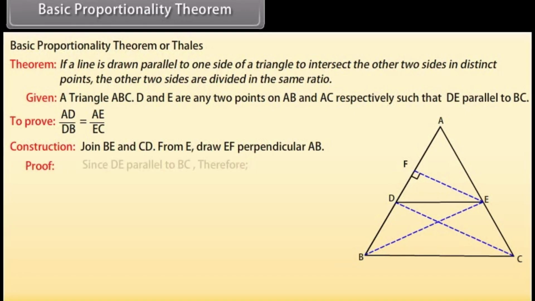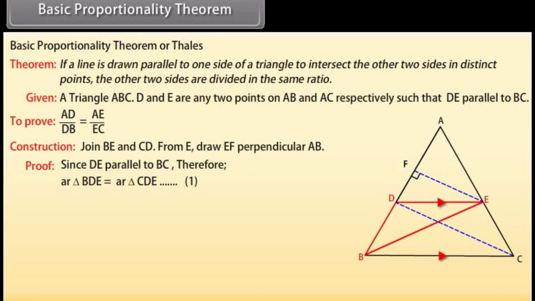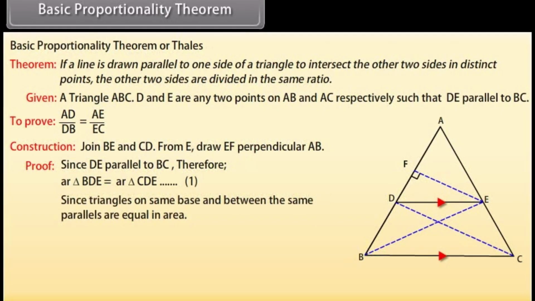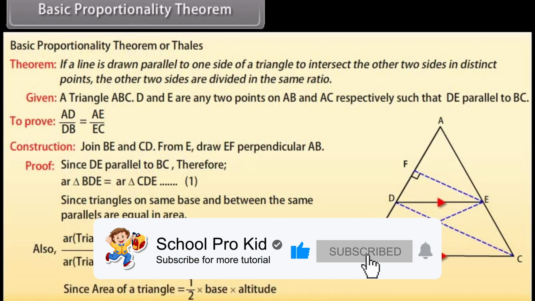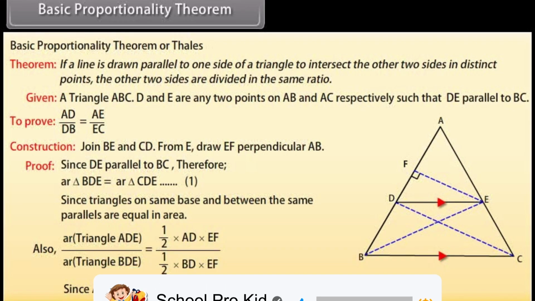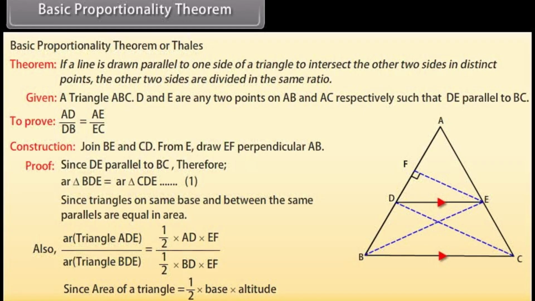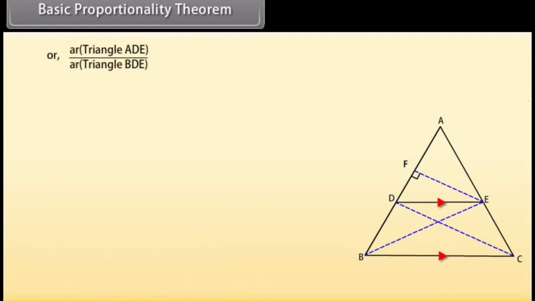Proof. Since DE is parallel to BC, the area of triangle BDE equals the area of triangle CDE. Mark it as 1. Since triangles on the same base and between the same parallels are equal in area, and since the area of a triangle is equal to 1 by 2 into base into altitude, the area of triangle ADE upon area of triangle BDE is equal to AD upon BD.